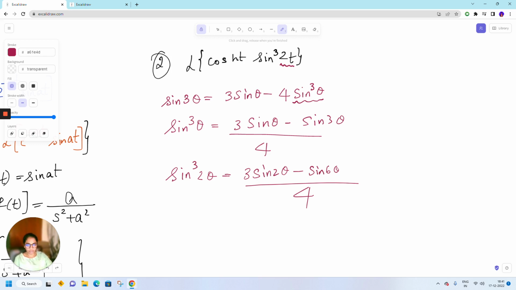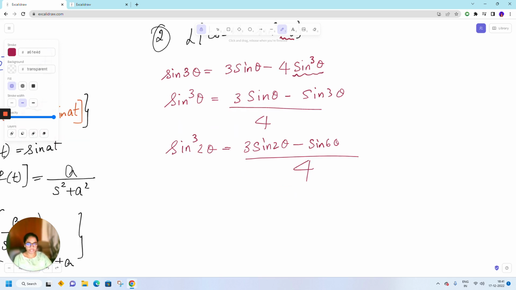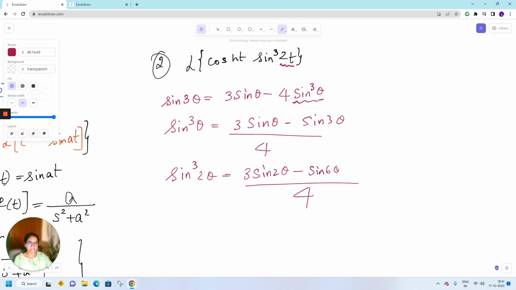Now let me substitute this in the given question. So the question would become Laplace of cos hyperbolic t into, let me put a bracket, 3 sine 2t minus sine 6t divided by 4.